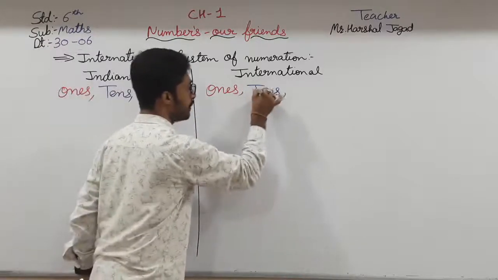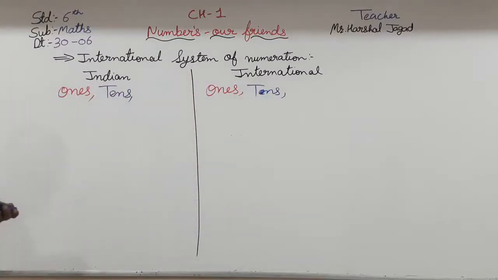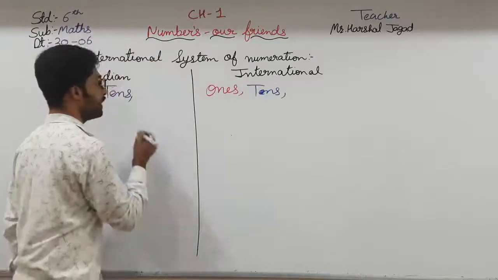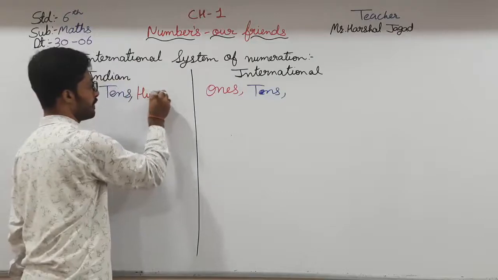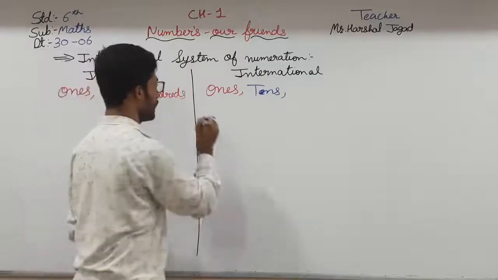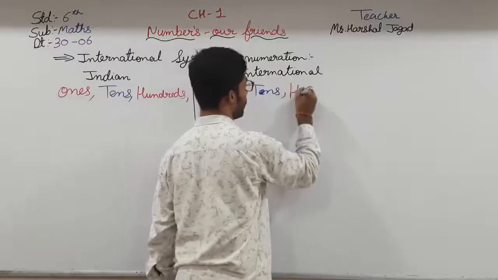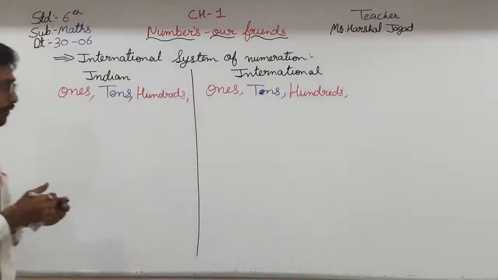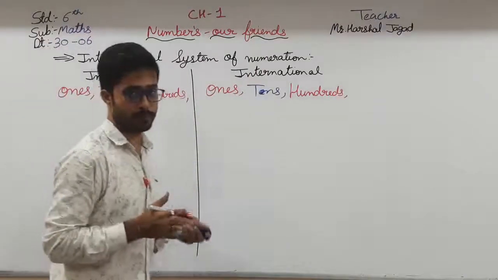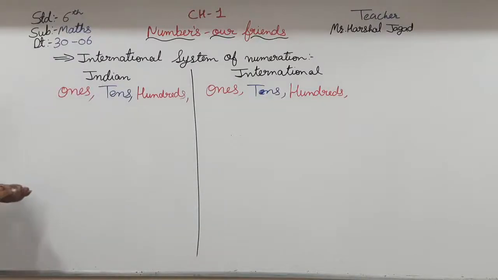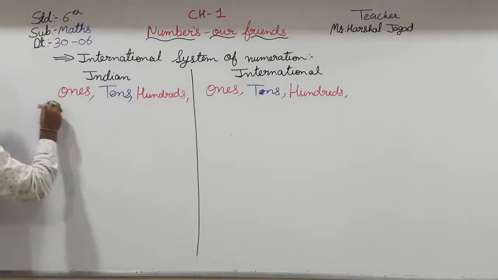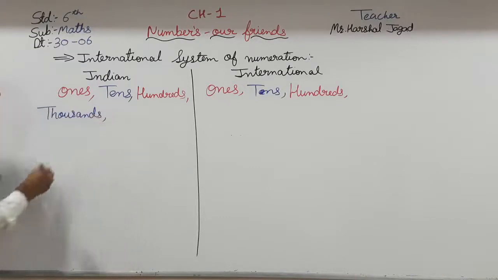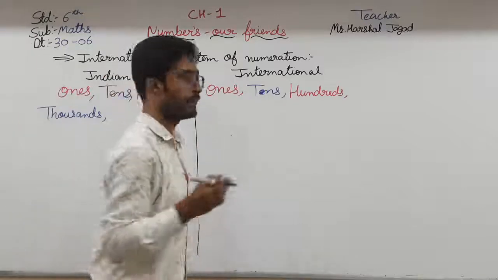Then moving toward the third digit, here it will be hundreds place, and here also hundreds place. Then from here it will be thousands place, and here it will also be thousands place.